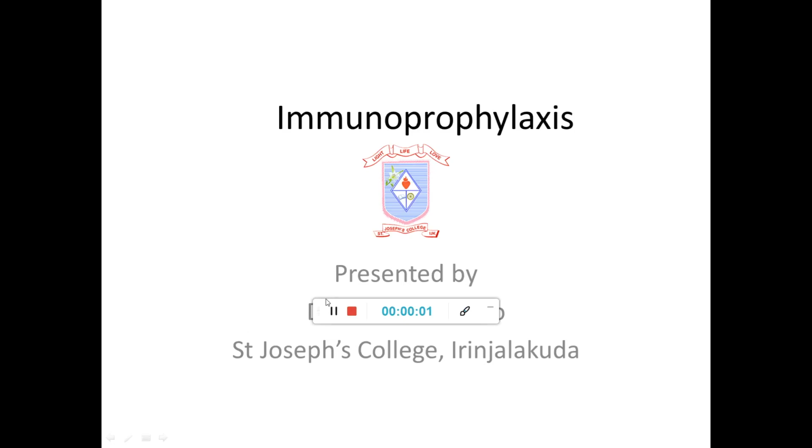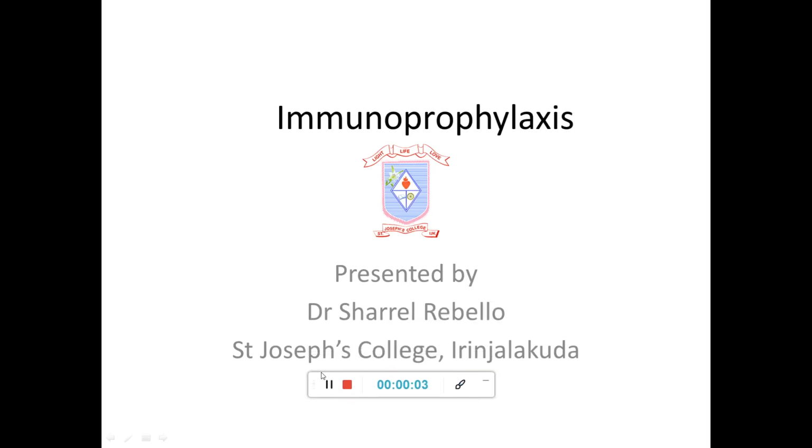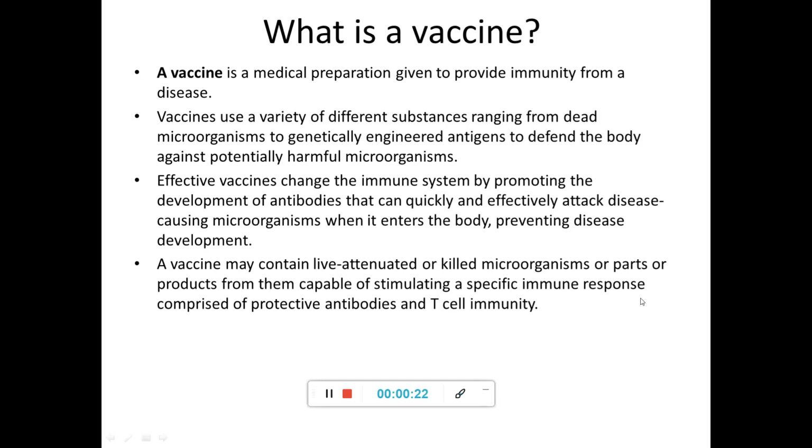Hi students, we had earlier spoken about immunoprophylaxis and the history of immunoprophylaxis, and we came across the term vaccine always. We told that vaccines have been developed for immunoprophylaxis. But I want to ask you something. Do you understand basically what is a vaccine? A vaccine is a medical preparation which has been given to provide immunity from a disease.